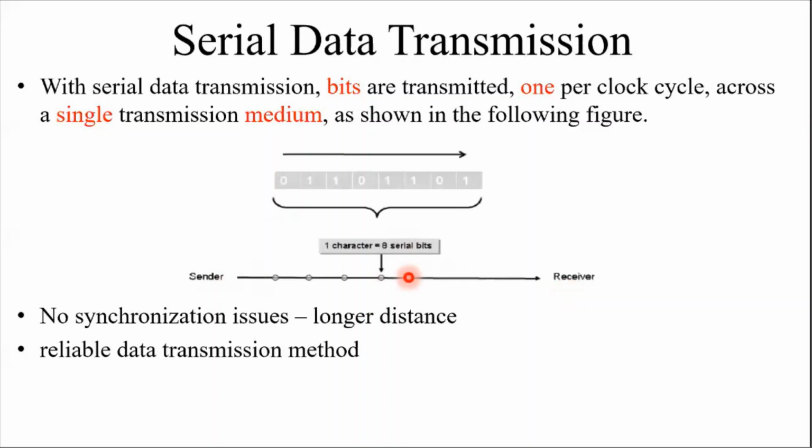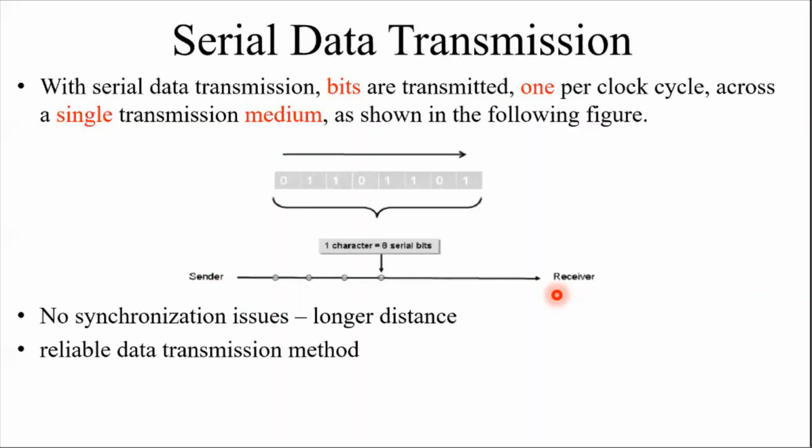So you can rely on the data transmission when it is done using serial data transmission techniques. The sender can trust that whatever data is transmitted, the receiver is actually receiving all the data. So that is one of the advantages of serial data transmission.